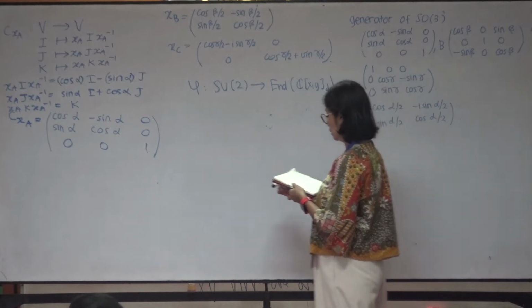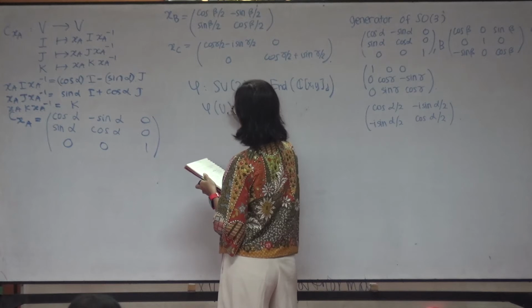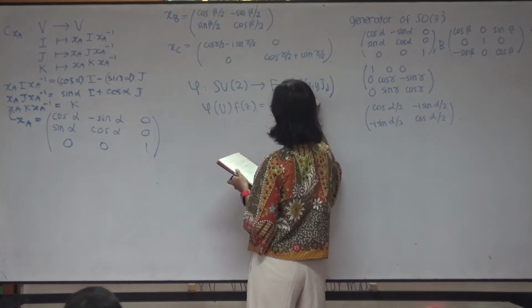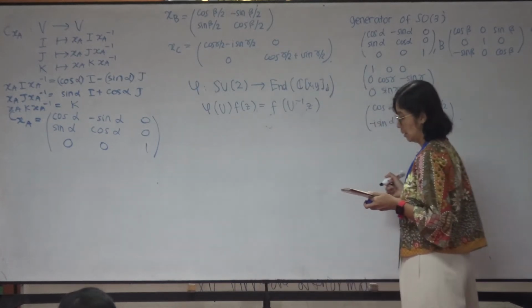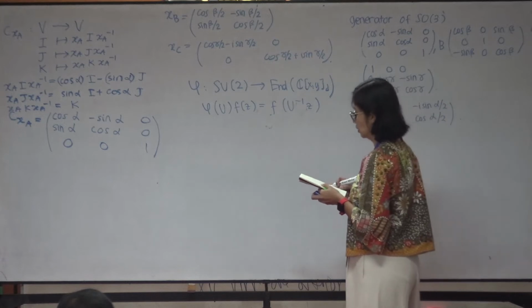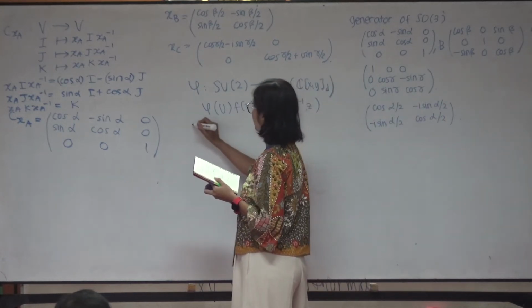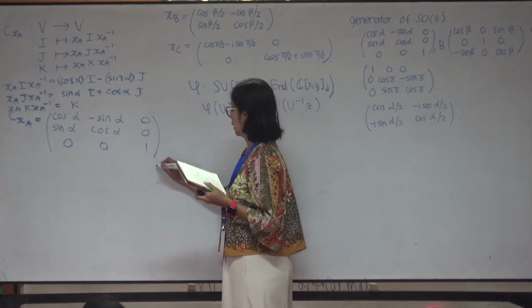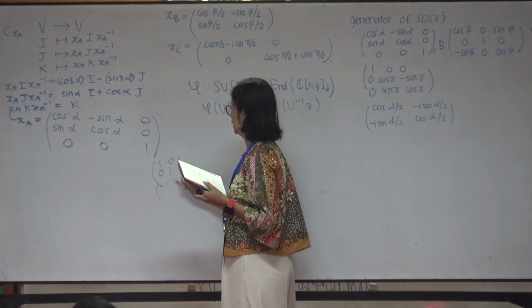This was defined as phi_u of f(z) goes to f(u' z). Now the kernel was 1 and -1, meaning the identity and minus identity.